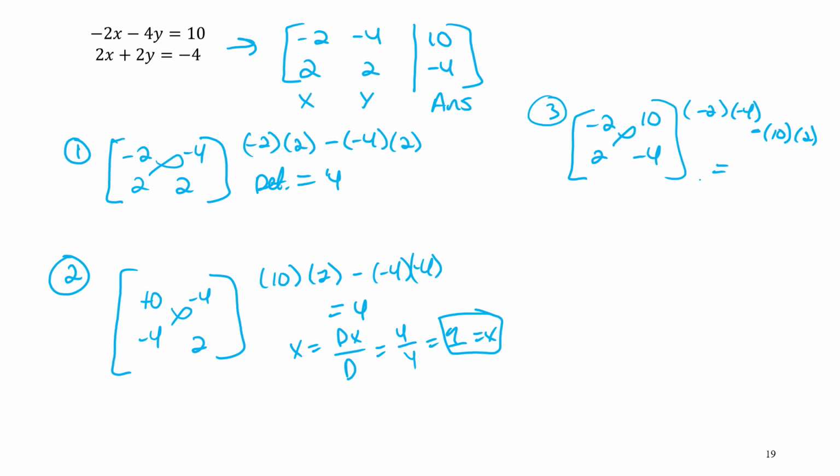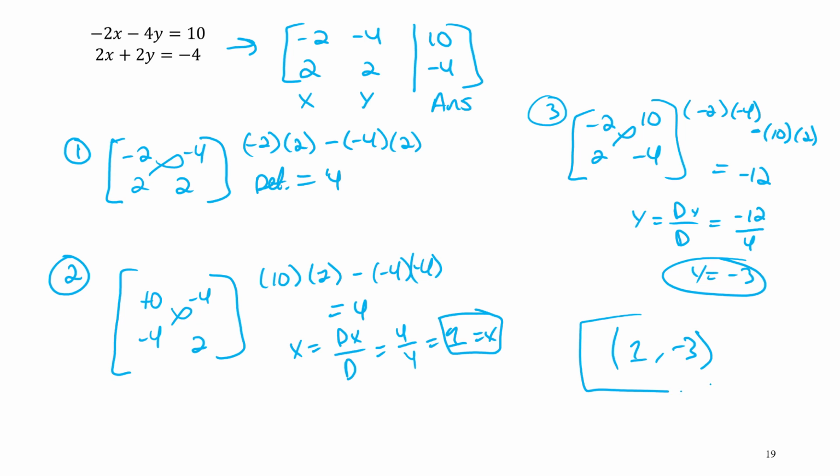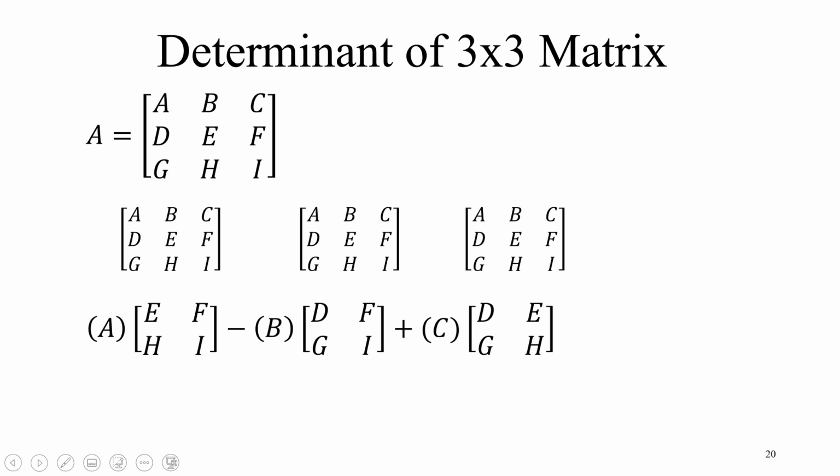And that would equal -12. And for y, it equals d of y over d. And so -12 divided by 4, y would equal -3. And write our answer as an ordered pair. So our answer would be 1, -3.